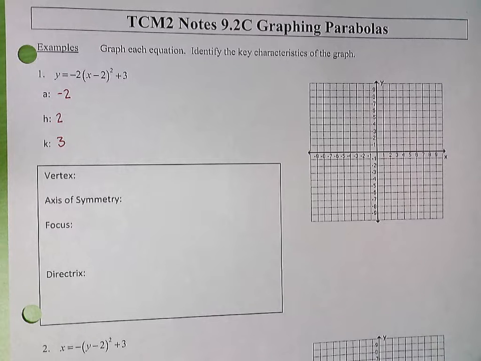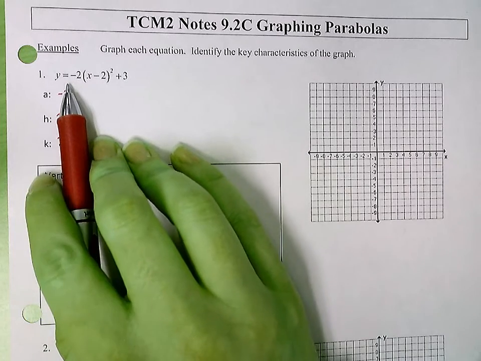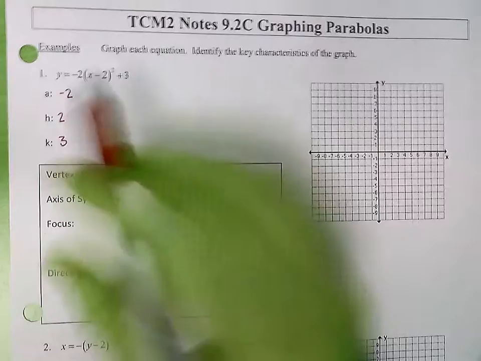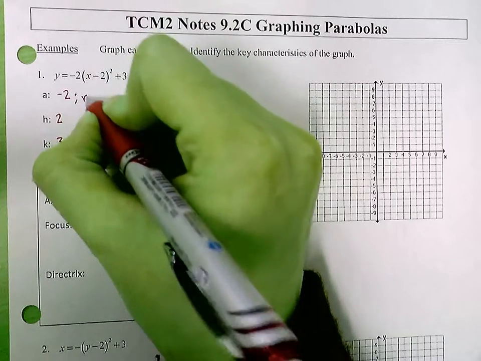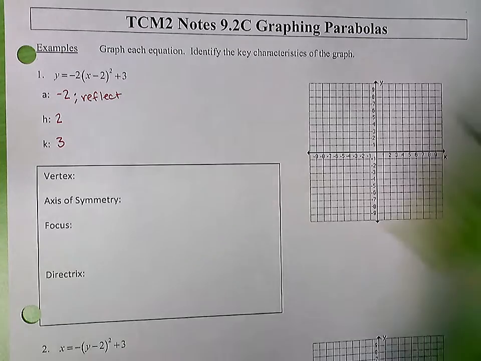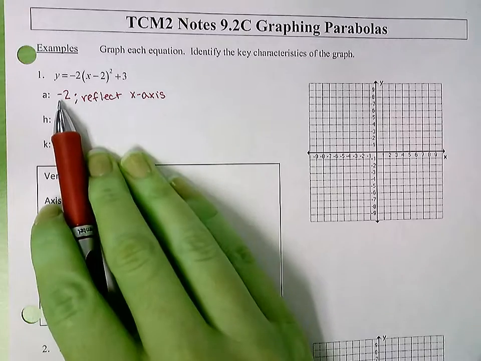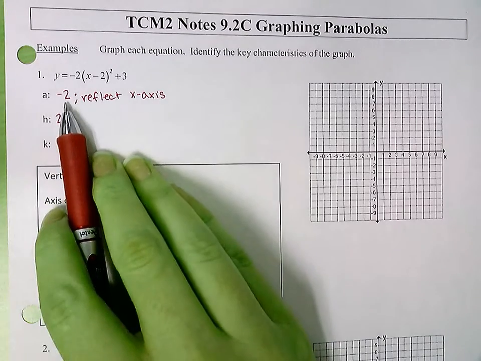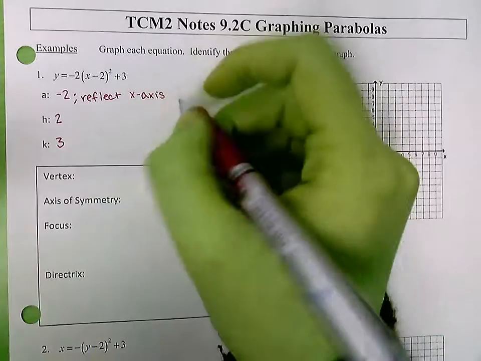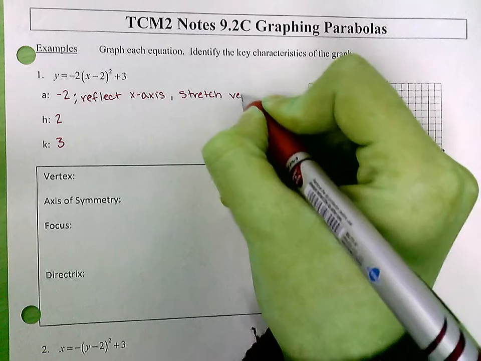Now I want to write out what each of these numbers does to my graph. When you have this negative here, that will reflect in the x-axis. Okay, that's what that negative does. Now this 2 stretches your graph vertically.